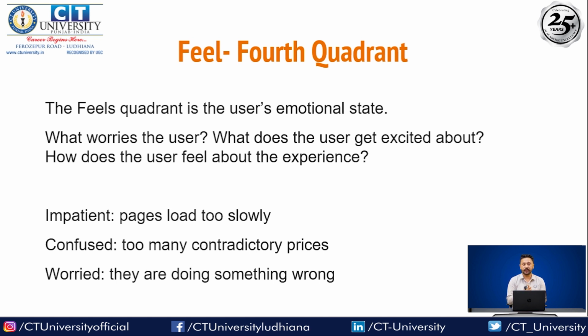These things matter in the fourth quadrant. For example, if the page of the Amazon website is quite slow, it means our stakeholder is impatient.